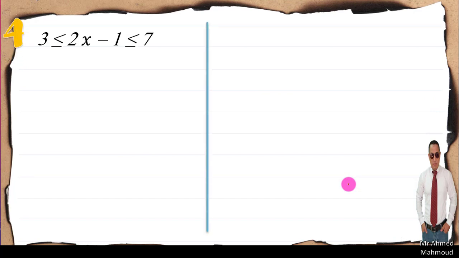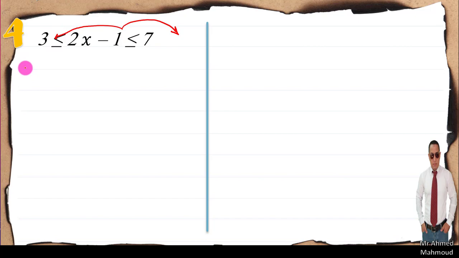Now number 4. Here in number 4 I have a new inequality, an inequality formed from 3 sides. In this case the main side is the middle side. So I'm going to send the numbers from the middle to the outer sides. If I need to send minus 1, I'm going to send minus 1 here and also here.